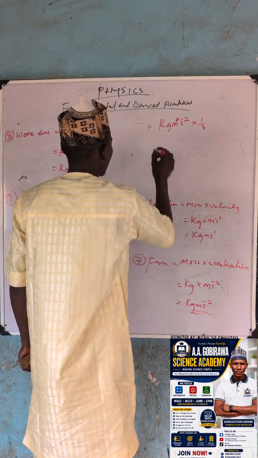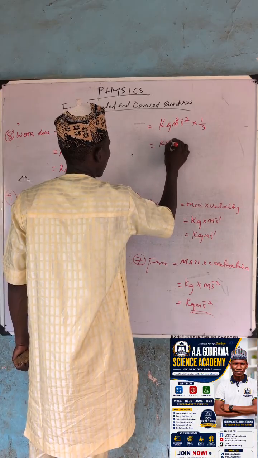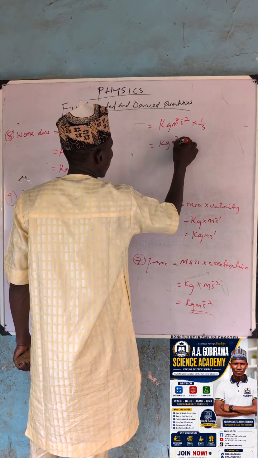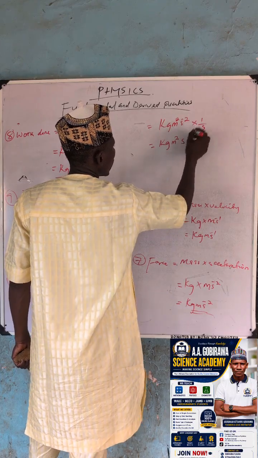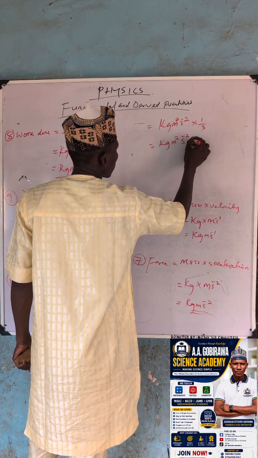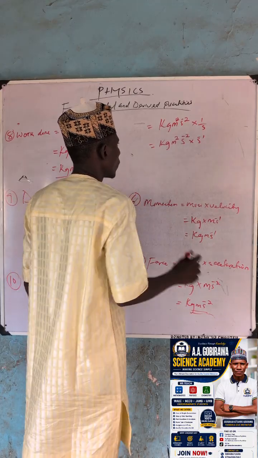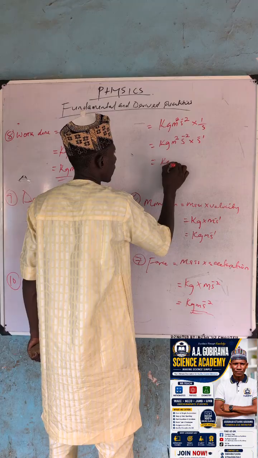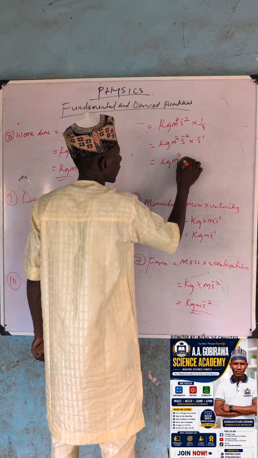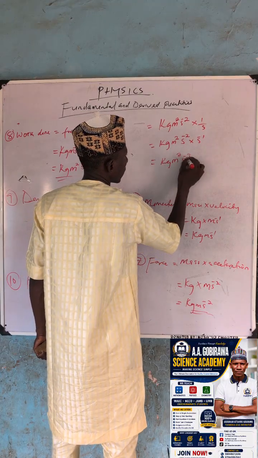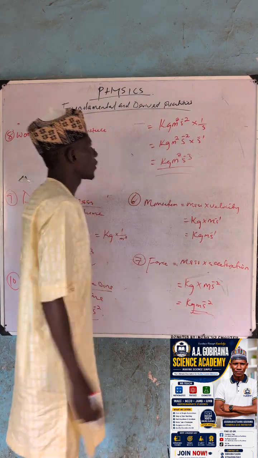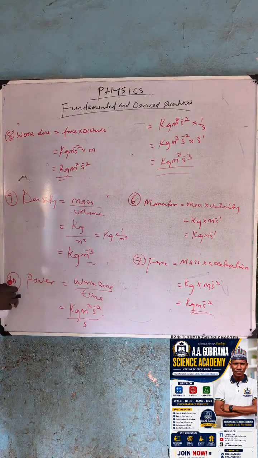It becomes kilogram meter square per second power 3. This is what we call power.